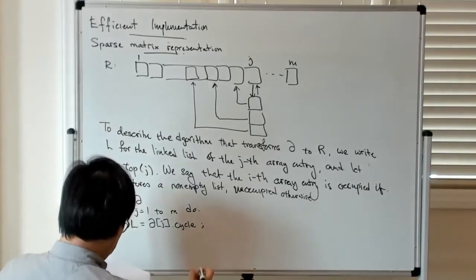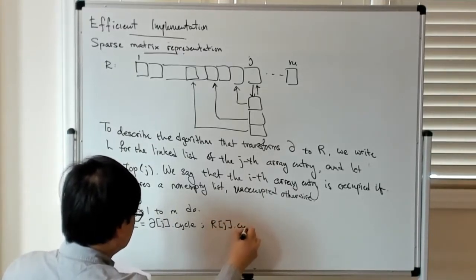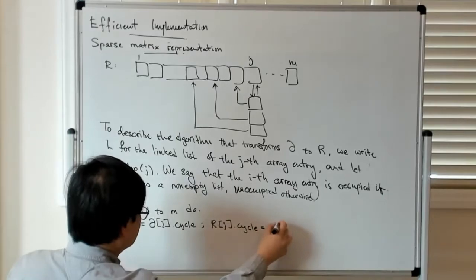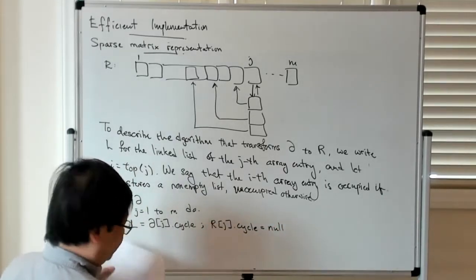And then I'm going to first let the R jth entry cycle be null. So it's going to start unoccupied, a linked list with no entries in it.